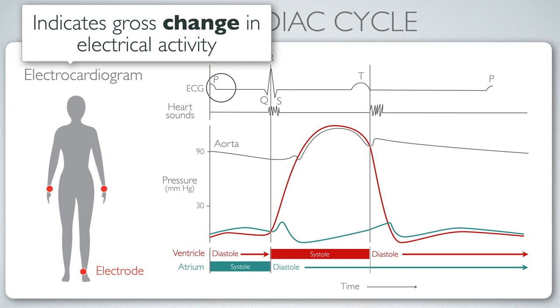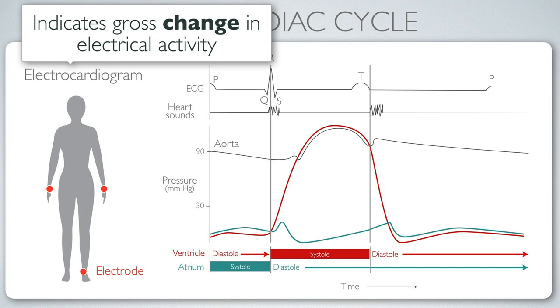So the ECG functions to allow us to monitor the activation of the atrium and the ventricles, and in particular the muscle activity in those chambers.